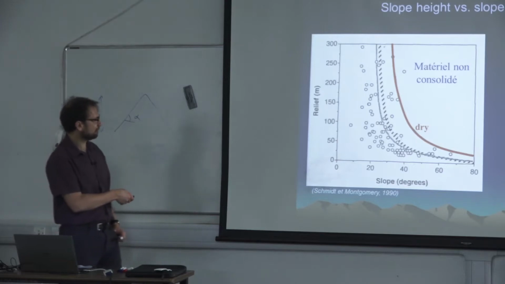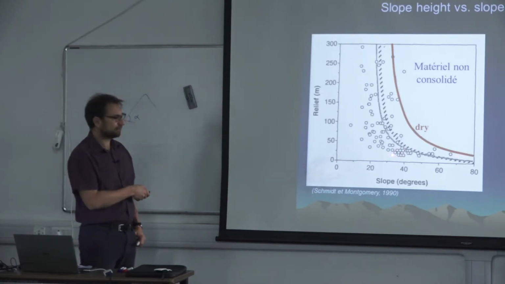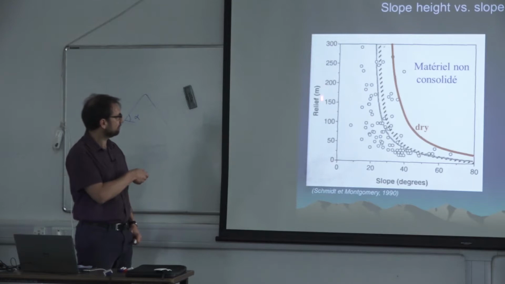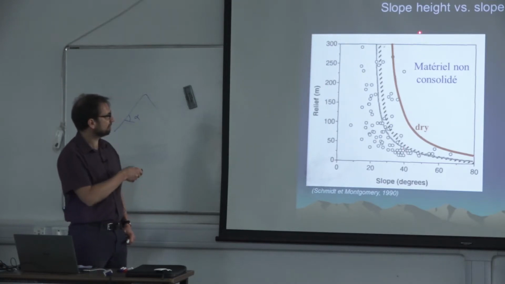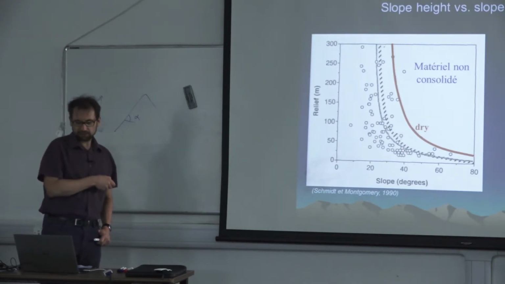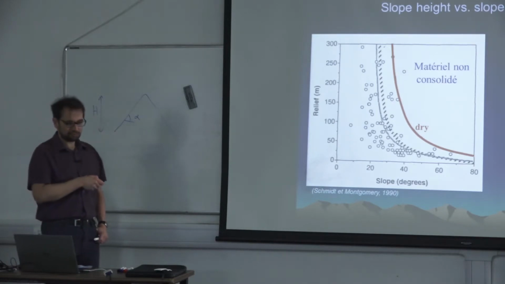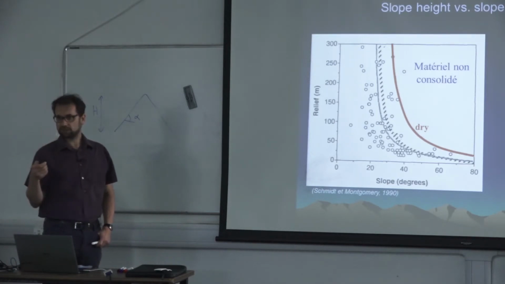So if the friction angle of your material is around 35, 40 degrees, for a large hill slope, the maximum stability angle will be 35 to 40 degrees. Otherwise, if it's steeper, it will just collapse.